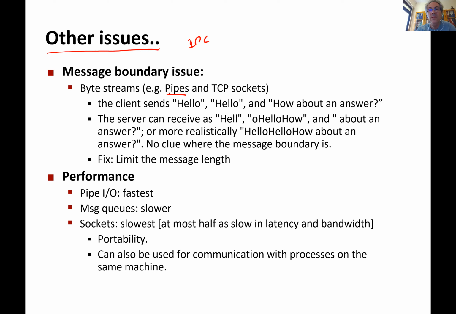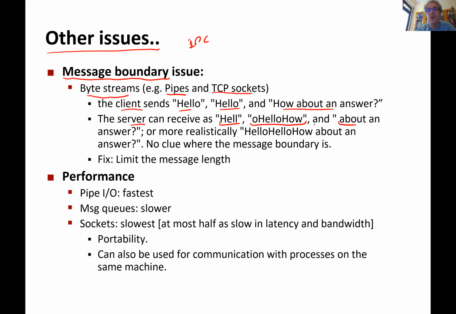When you work with pipes and TCP sockets, where we have basically a byte stream, we have this issue that, since we are switching between different processes back and forth, and we have no idea when this switch will take place, when the client is, for example, sending, hello, and how about an answer, then the server, the listener part, can actually receive like hell or hello, how, and so on.